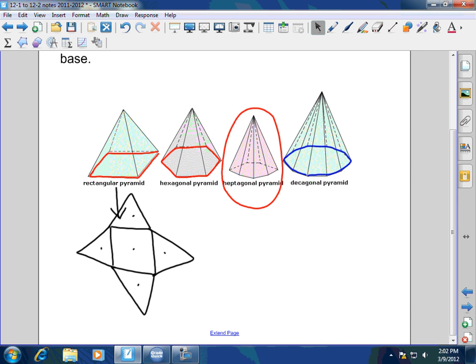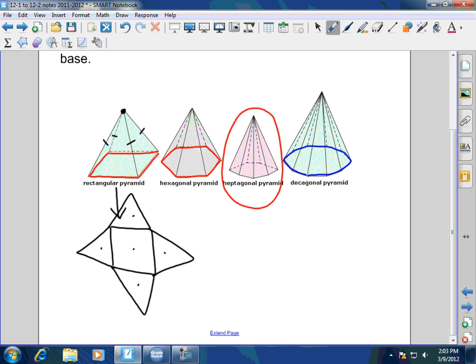All the triangles are isosceles was the question. Yes, since, remember what the definition told you. The lateral edges are not parallel, but they're all the same height to reach the vertex. So yes, they are isosceles triangles, sir. Sometimes they're going to be equilateral, but they're isosceles.